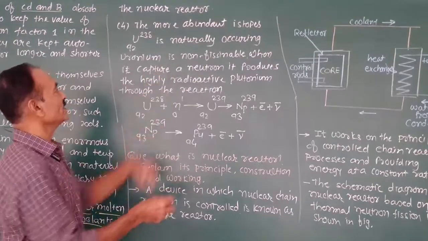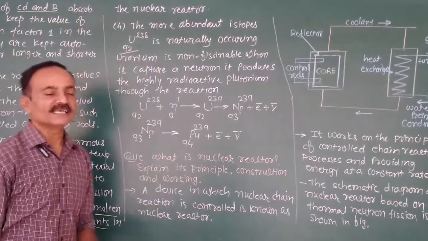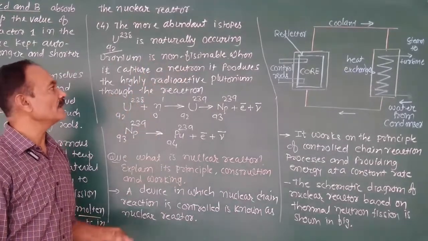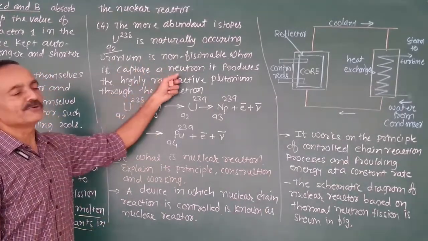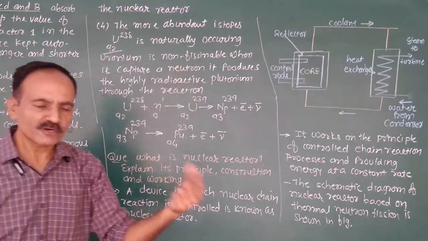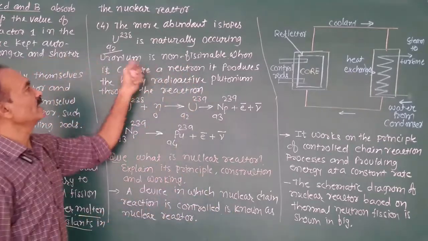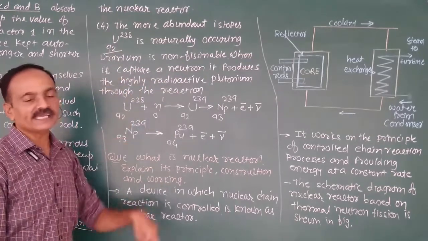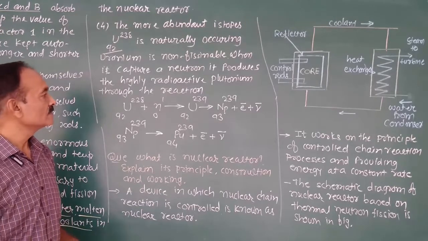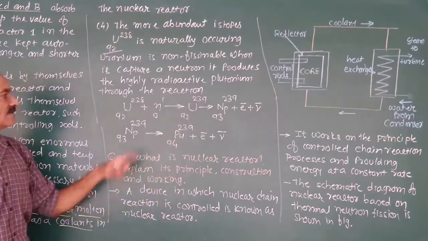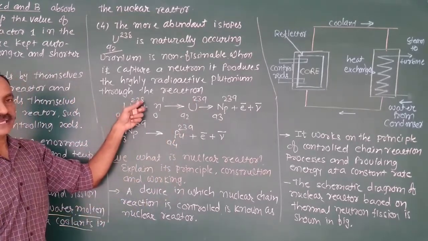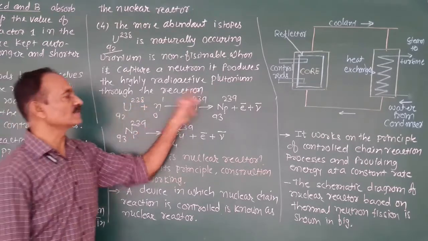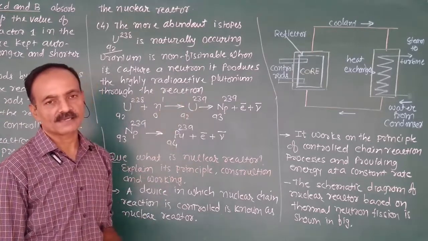When it captures a neutron, that means when a neutron is incident on the uranium-92-238 nuclei, it produces highly radioactive plutonium by the following reaction. When the neutron is bombarded on the uranium nuclei, it absorbs the neutron and becomes unstable.